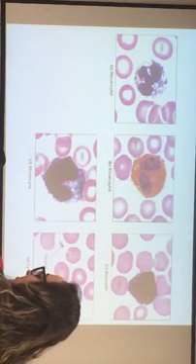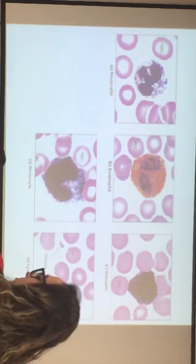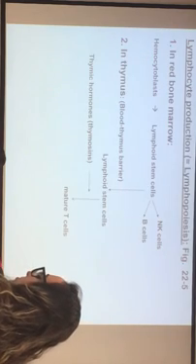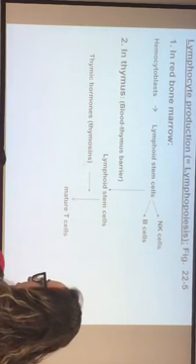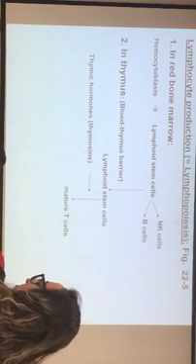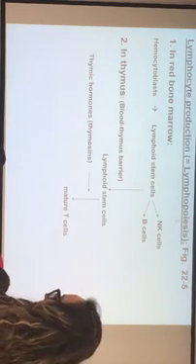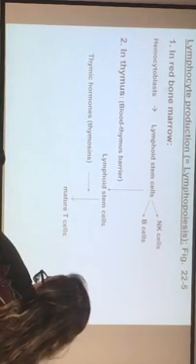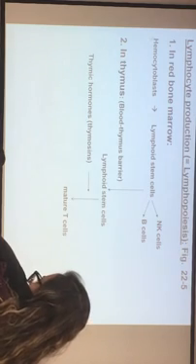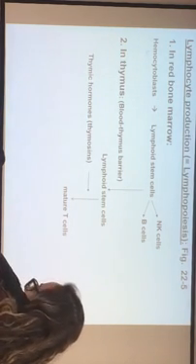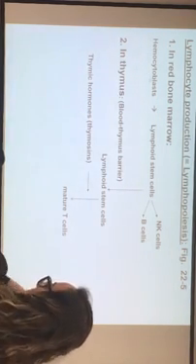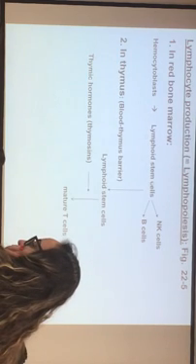A lymphocyte looks like this. They have a clear cytoplasm. Now, the growth of the lymphocyte we call lymphopoiesis, just like a red blood cell. They start from the bone marrow, from the same stem cell, hemocytoblast, and go to the lymphoid stem cell.